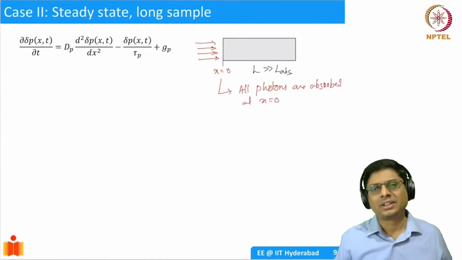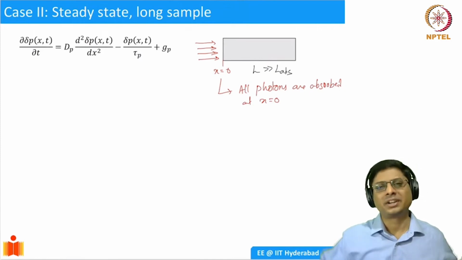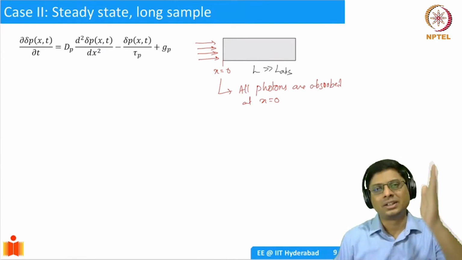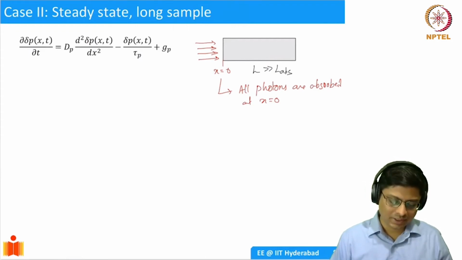What I'm trying to say is the length is much longer. Let's say the photon has an absorption length of 1 micrometer or something like that. If you're considering a 10 micron or 1 millimeter sample, then essentially you could take the absorption as happening only at x equal to 0. That's why the long sample, and it is still steady state.